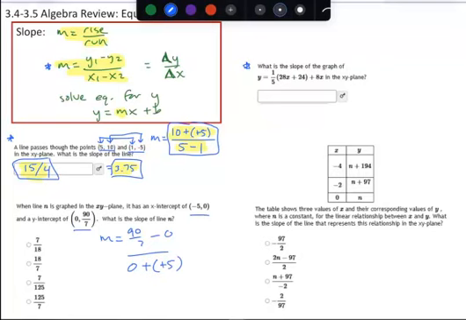Subtracting is equivalent to adding the opposite. So you wind up with 90 over 7 divided by 5. And remember, dividing is equivalent to multiplying by the reciprocal, 1/5. 5 goes into 90 18 times, so you get 18 over 7 as your answer.